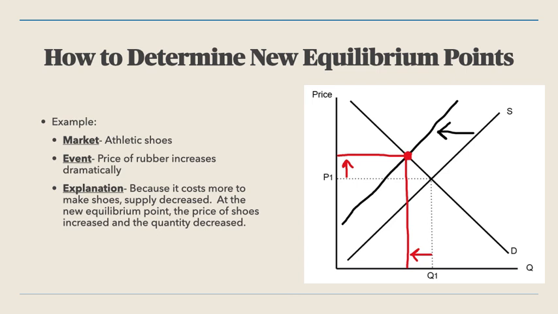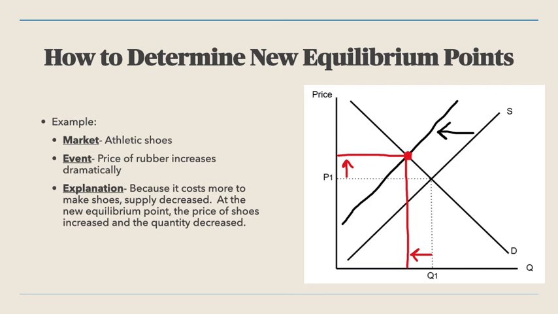So we would explain this by saying, okay, well, because it costs more to make shoes, the supply decreased. There aren't as many athletic shoes being made. At the new equilibrium point, the price of shoes increased, it went up, and the quantity of shoes decreased.